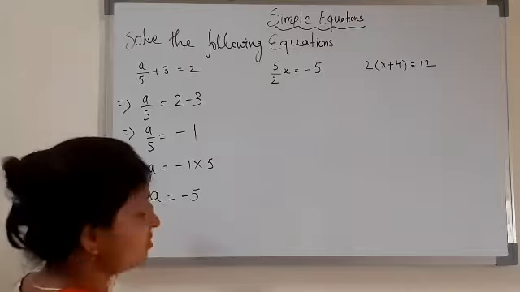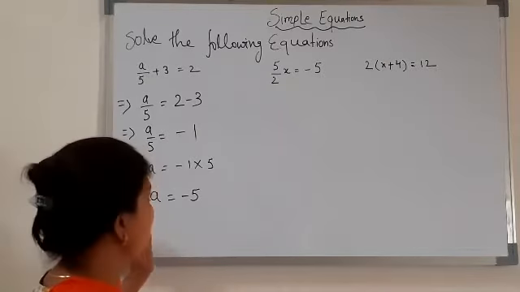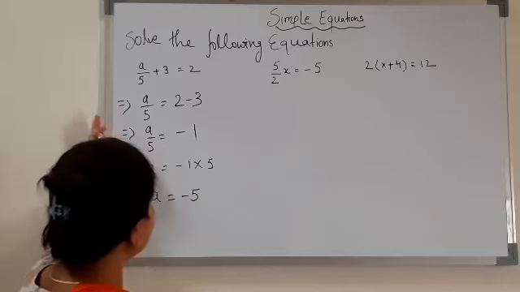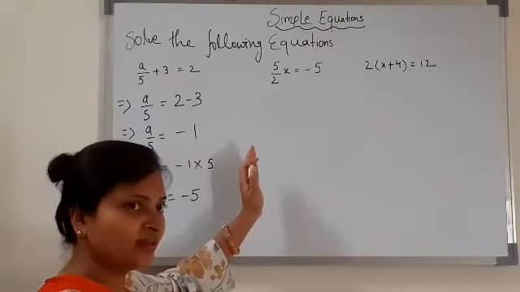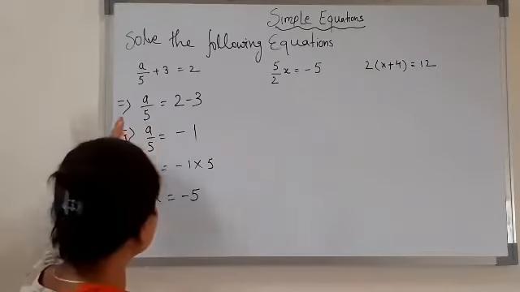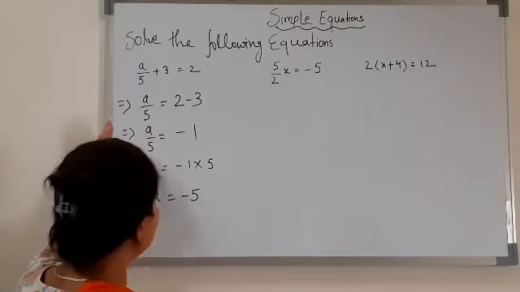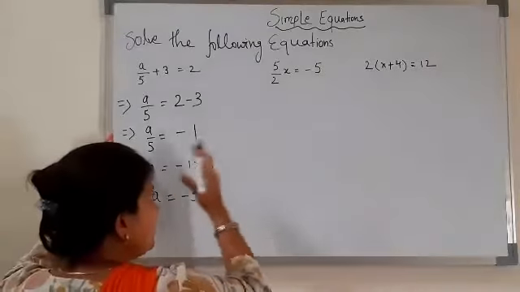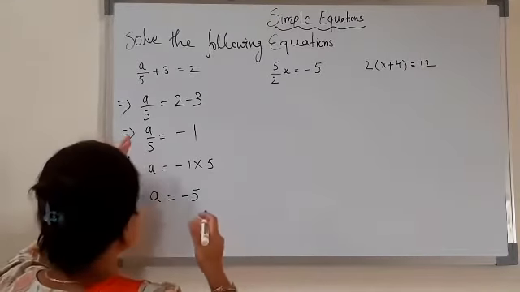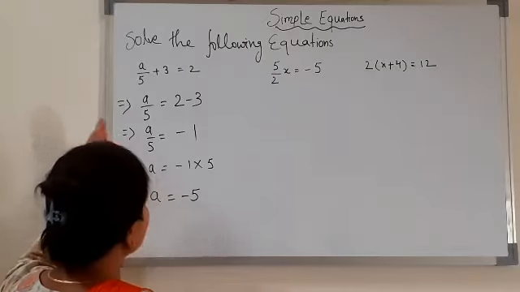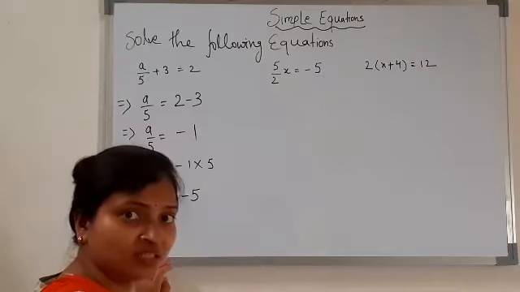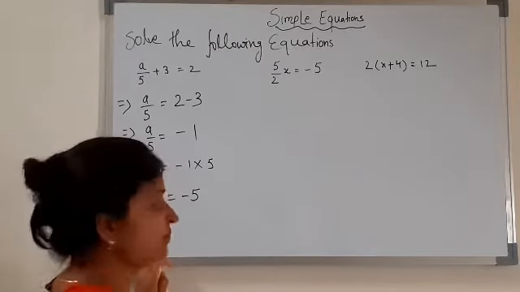So when we are changing the side of a number from left hand side to right hand side, if the number is positive, it will go to the right hand side with a negative sign. If the number is in multiplication form on the left hand side, it will go to the right hand side in division form. If the number is in division form on the left hand side, it will go to the right hand side in multiplication form. Right?